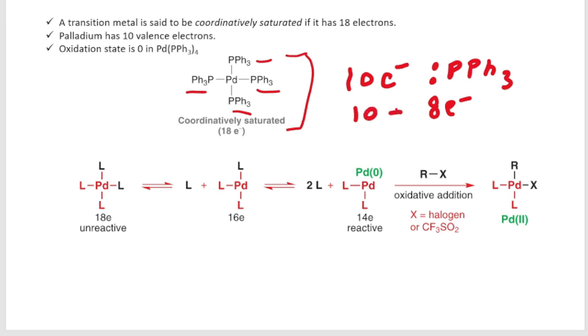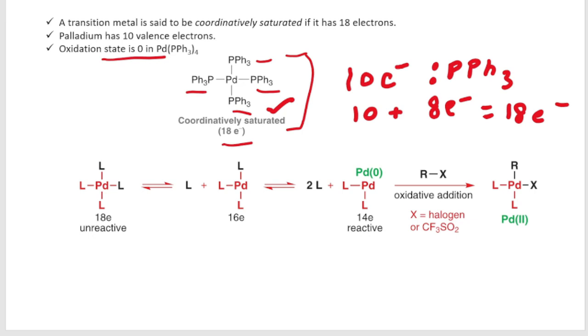So 10 plus 8 becomes 18 electrons. In this case your palladium is stable because in its outer shell there are 18 electrons, and the oxidation state of palladium tetrakis is 0.